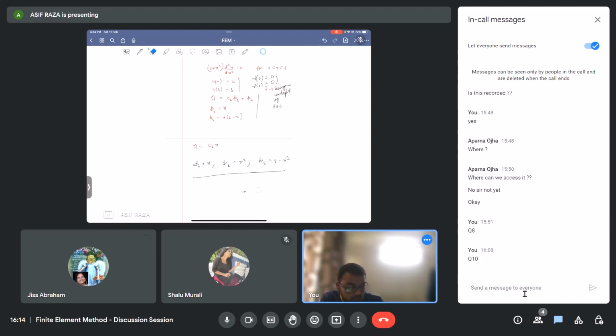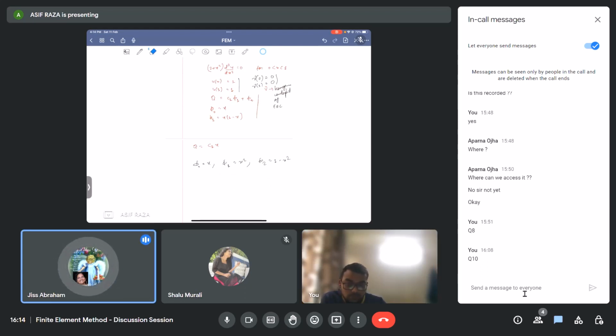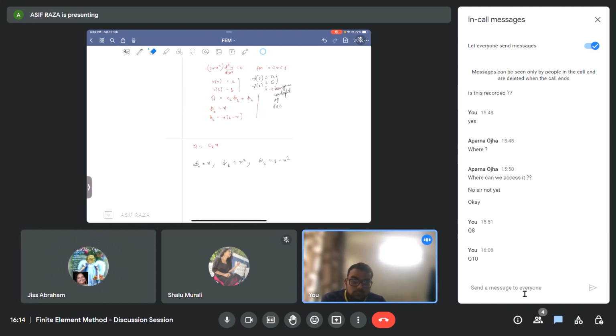Okay, sir, I have a doubt about that homogeneous condition. Is it always that the right hand side will be zero, homogeneous? Yeah, homogeneous equations imply that when you substitute, for x equal to 0, it should be equal to 0. It should not be equal to some constant.